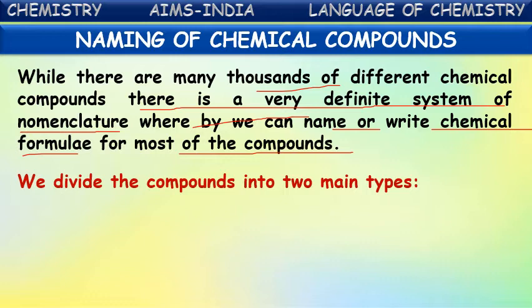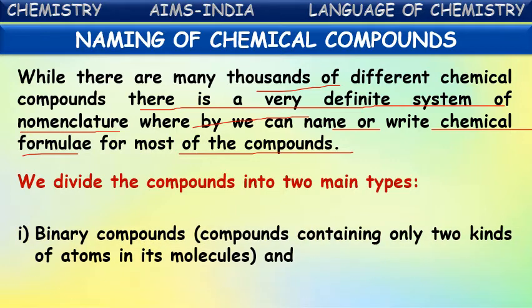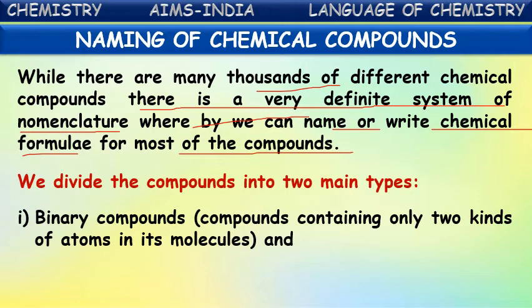Before going to that, all these compounds we have to divide into two main types. First one is binary compounds: compounds containing only two kinds of atoms in its molecules. Bi means two kinds of atoms in its molecule. H2O, CaO, NaCl.